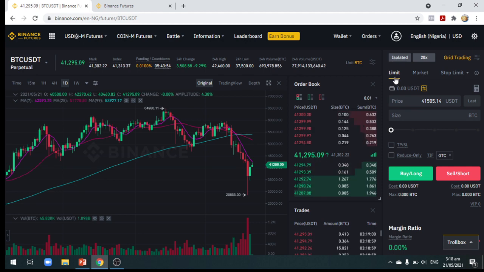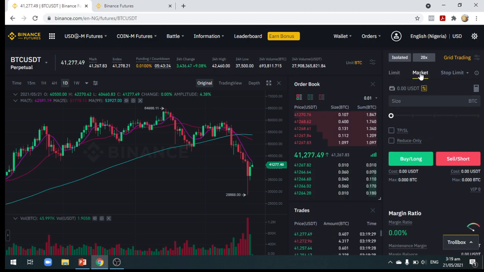Okay, so limit order basically allows you to put in the limit price and then the size of the asset you want to buy, and you take your position whether buy that to go long or to go short. Okay, so basically that's how limit order works. It allows you to buy at a particular price or at a price better than that as the limit price that you have set for that particular order.